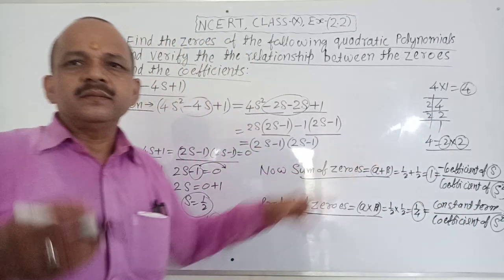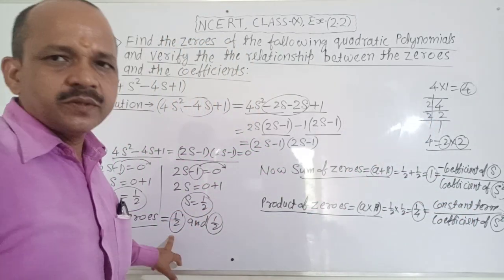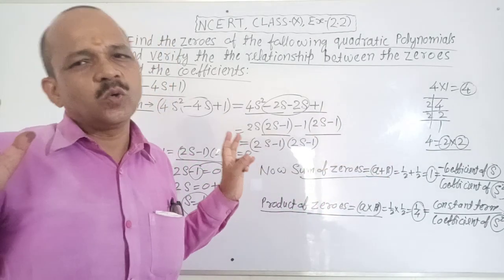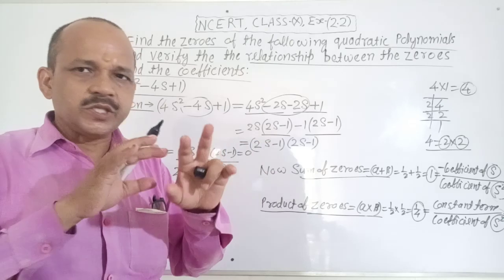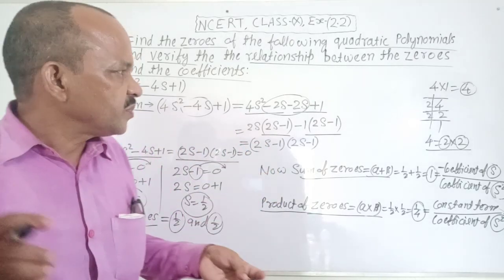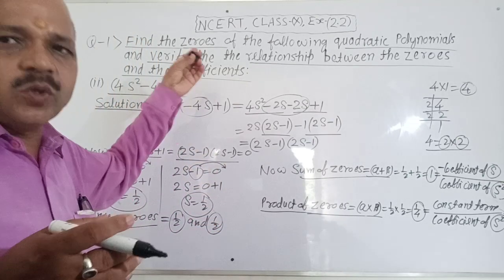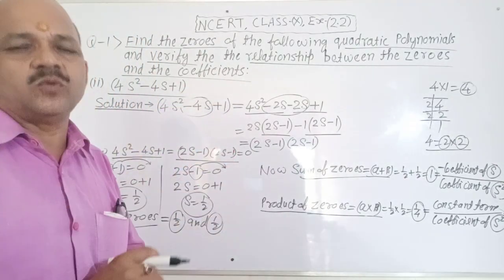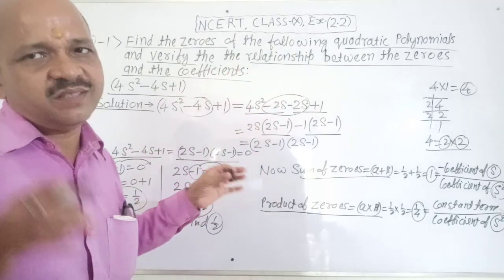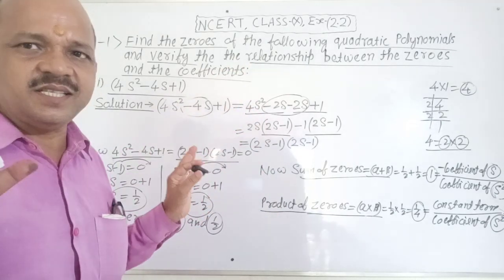You find zeros and the relationship between zeros and coefficients. It is clear? No confusion about it? Very good. You can solve any question with the help of this solution. Solution is clear? No confusion about it? Very good. It is easy?